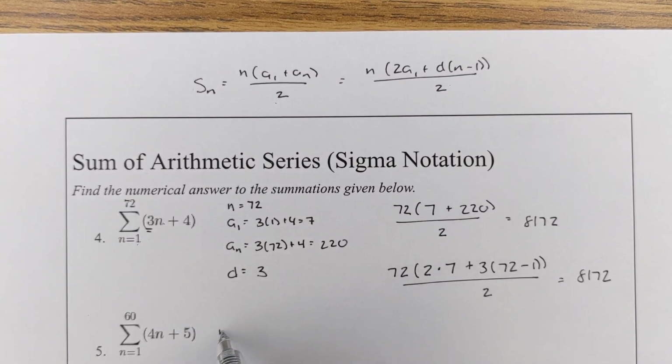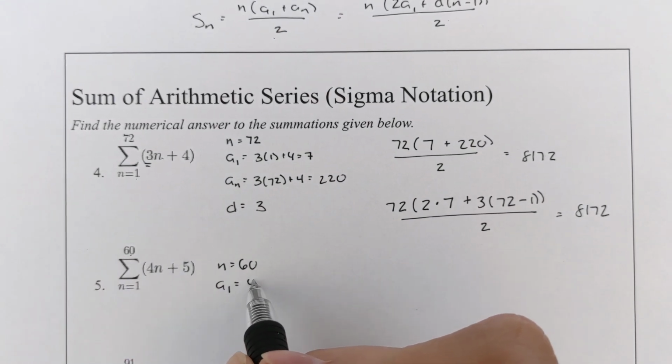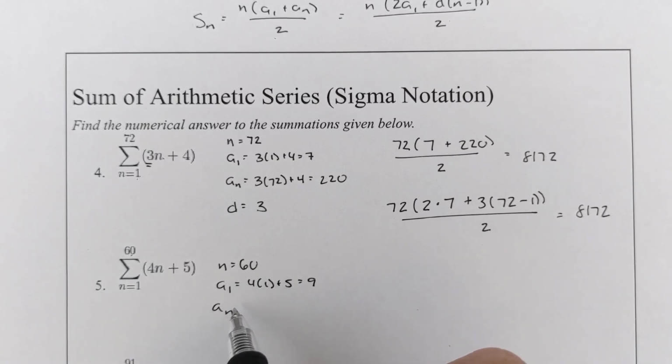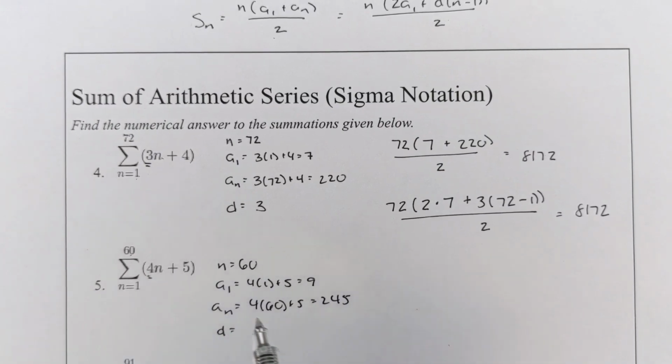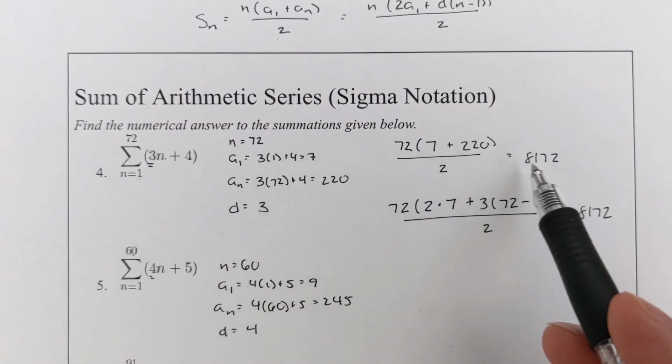So for 5 here, our n is going to be 60, the number up top. A1, when we plug 1 in, we get 4 times 1 plus 5, so a1 is 9. An would be a60, so 4 times 60 plus 5, which would be 245. And then the common difference is just that coefficient there, so 4. I'm just going to run the shorter version because with this equation, that one's easier.